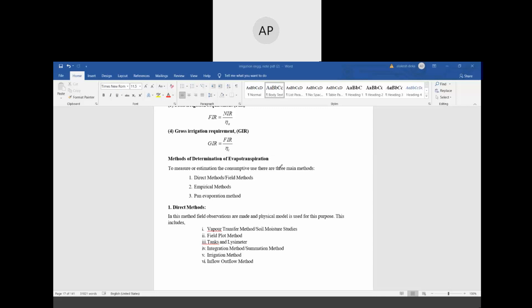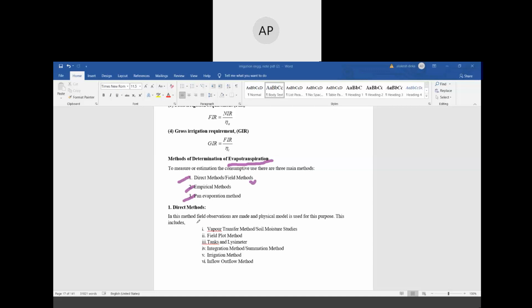So evaporation plus transpiration together is known as evapotranspiration. There are some methods to find out the evapotranspiration. One is direct methods, or you can say field methods, empirical method, and pan evaporation method.